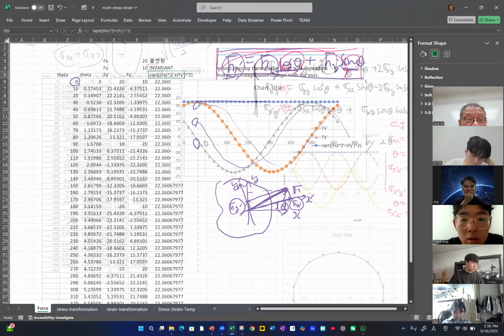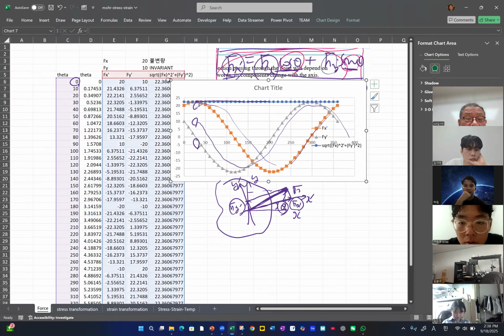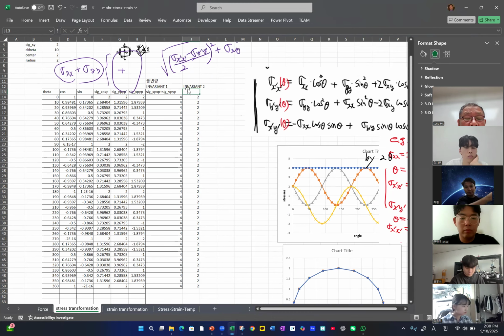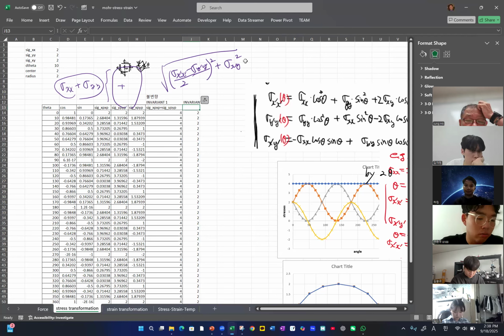Well, force is easy to say because this is an amplitude, and so this is an invariant. But stress is difficult to say. What is this? Just a summation, and this is the scale.